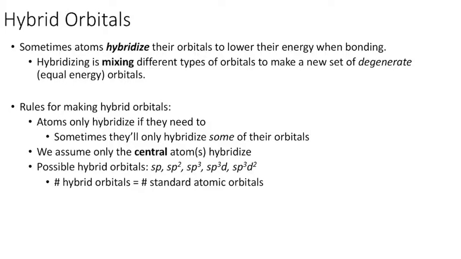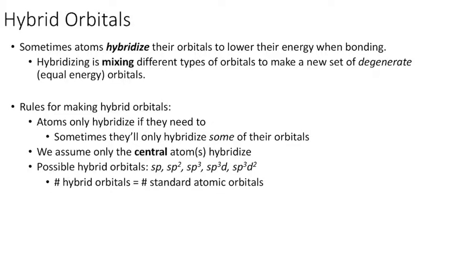Typically, those degenerate orbitals are slightly lower in energy overall than the atomic orbitals we start with. We won't worry about the specifics of how that mixing happens or why. We just want to be able to look at a molecule and understand what kind of result we get if we have this molecule. So that's kind of where we're headed.